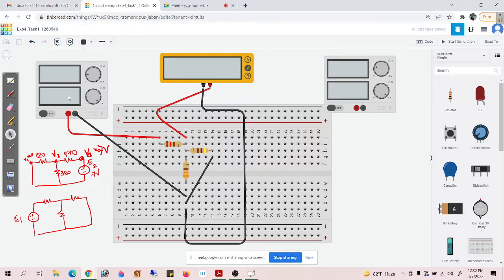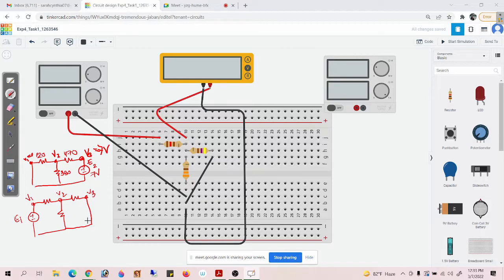So what are we going to find here? Again, we will be finding V1, V2, and V3. But in this case, what should be the voltage of V3? We don't need to measure V3.